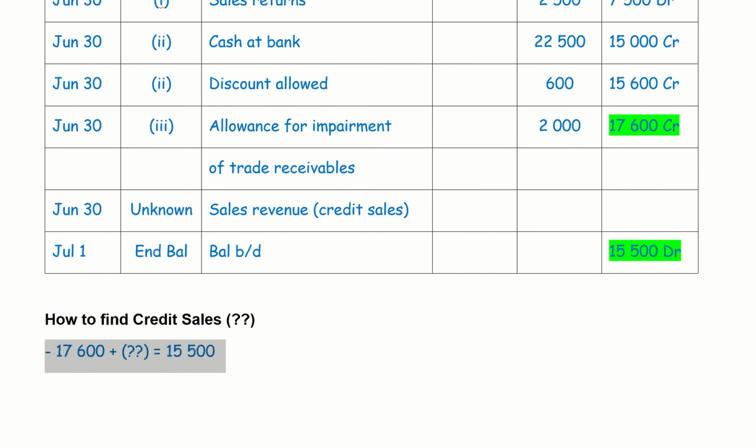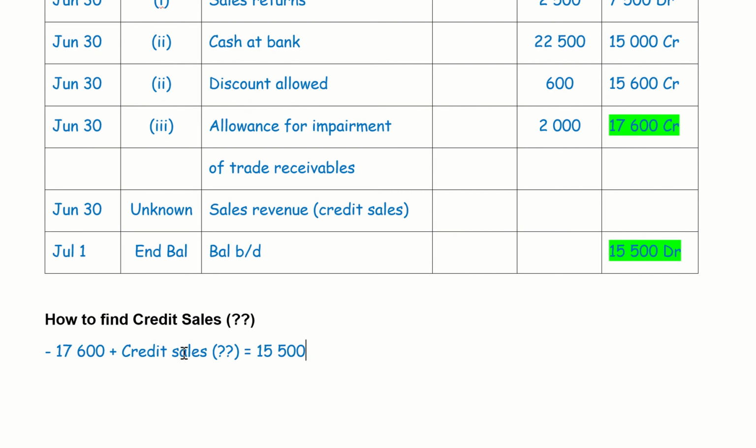So how does this work? It actually works like this, right? A negative 17,600 plus an unknown credit sales amount became $15,500, a debit balance, a positive balance. So this is all just mathematical.